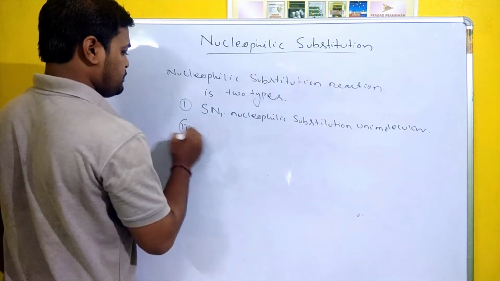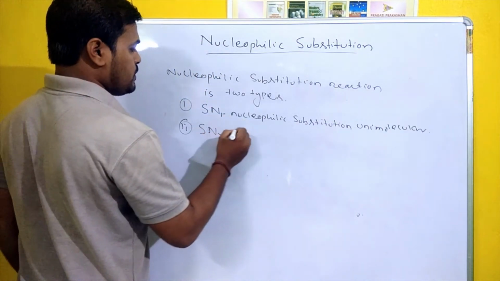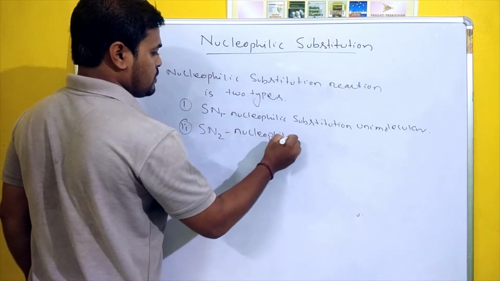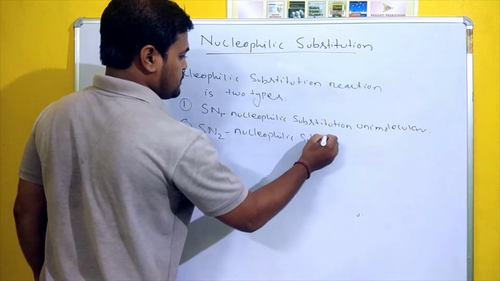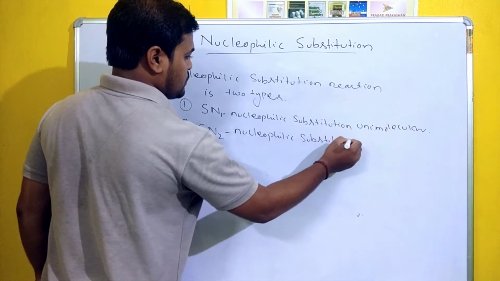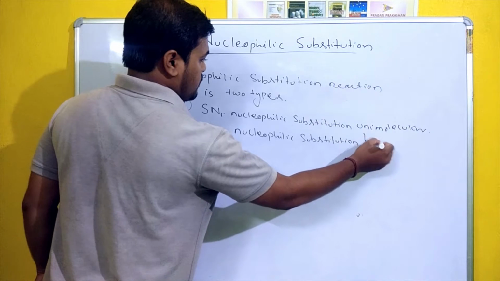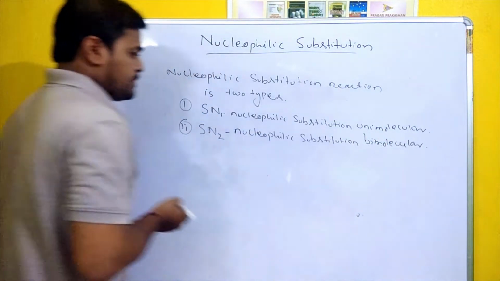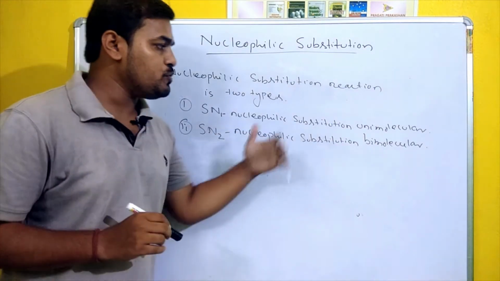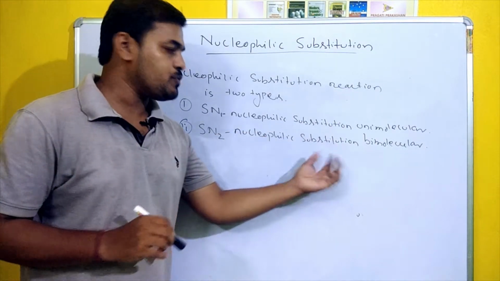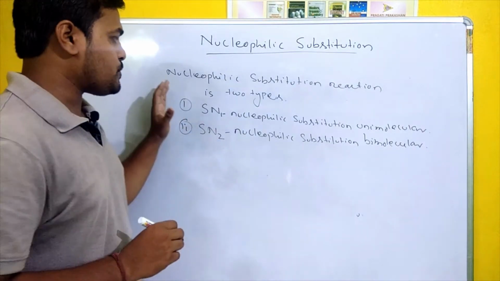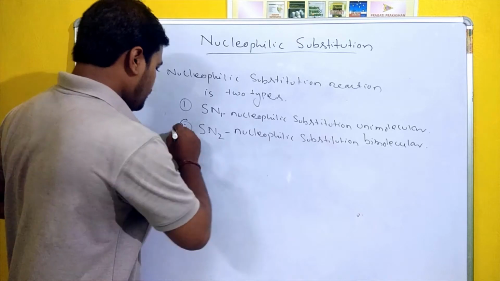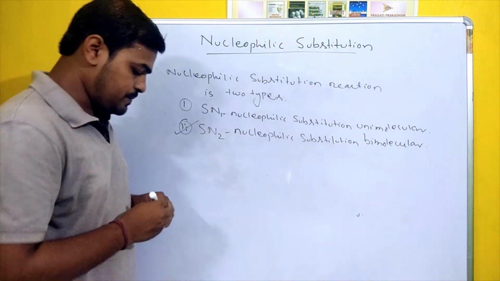Second is SN2, that is nucleophilic substitution bimolecular. First is nucleophilic substitution unimolecular, second is nucleophilic substitution bimolecular. Nucleophilic substitution is divided into two types. So in this video I will discuss the nucleophilic substitution bimolecular.